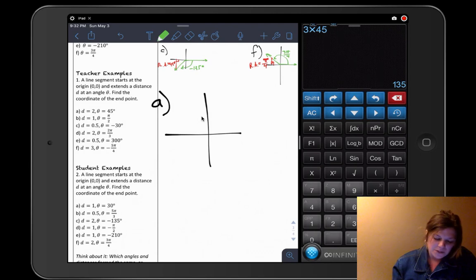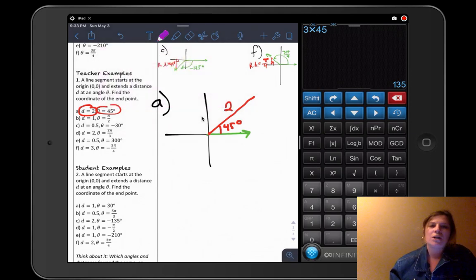Okay, so here is our 0, our starting point, right? Always in standard position. And then our angle goes to 45 degrees. So we're going out 45 degrees in a distance of 2 units. So we're going out 2 units at an angle of 45 degrees, and this is a length of 2.